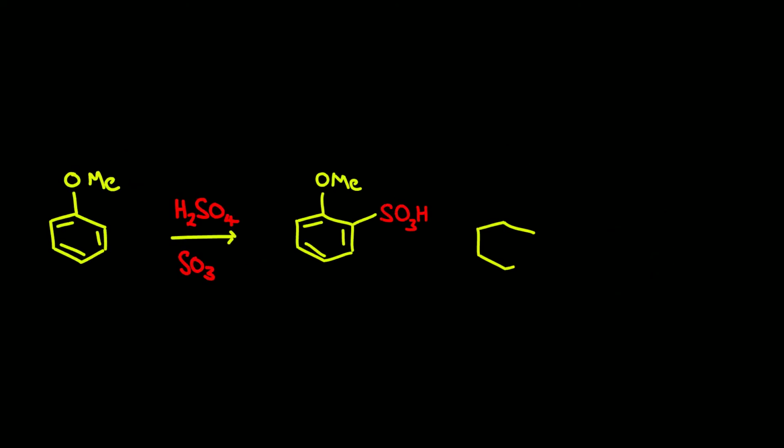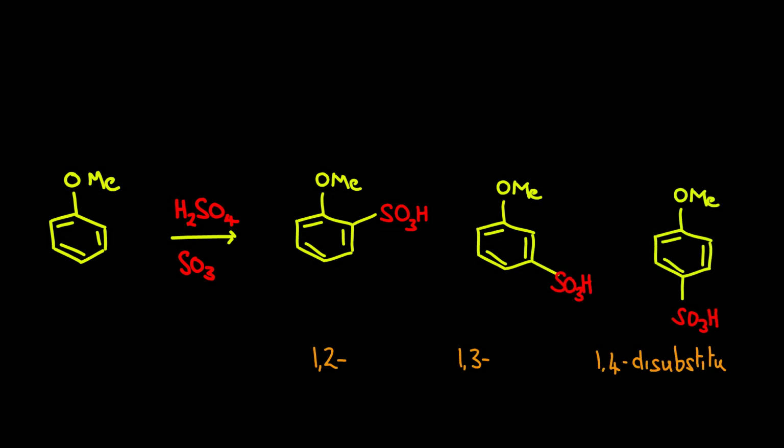Regioselectivity of electrophilic attack is interesting. So if we have a monosubstituted benzene, will it afford the 1,2, 1,3, or 1,4? That's the ortho, meta, or para substitution product. The answer can be seen by viewing the carbocation intermediates.